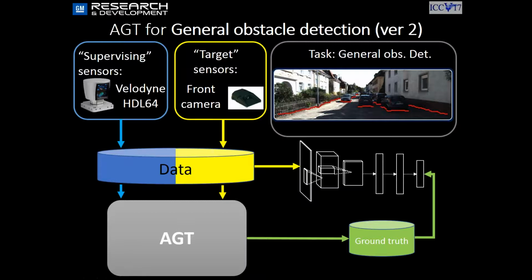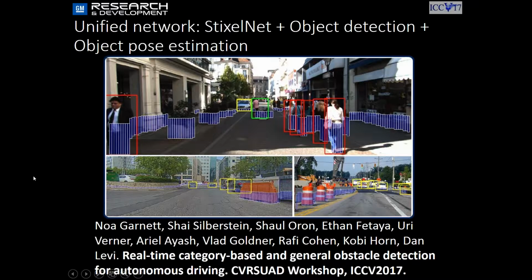And then we went back to revisit our general obstacle detection, and we thought that our automated ground truth was very simplistic. So these are results from a paper we published in ICCV about a year and a half ago for the unified network for obstacle detection and object detection.